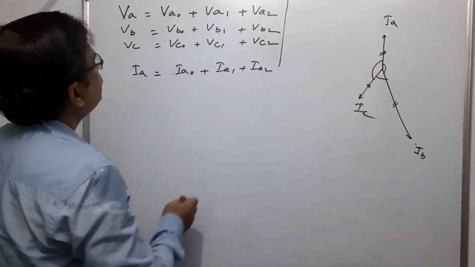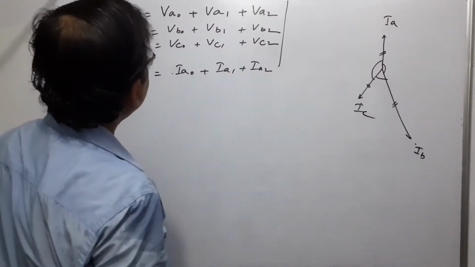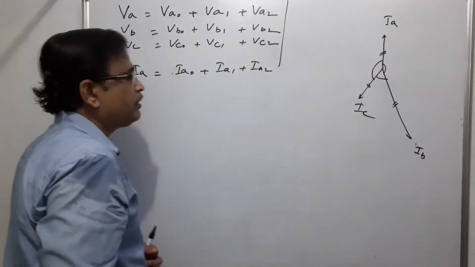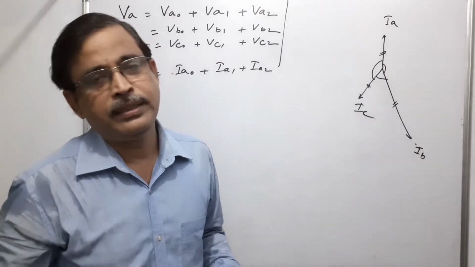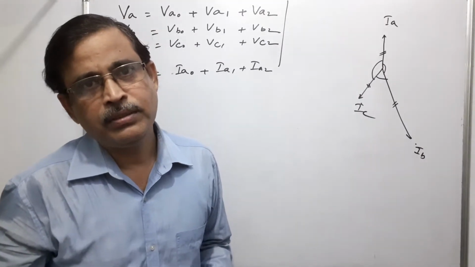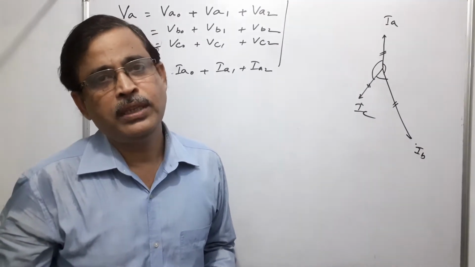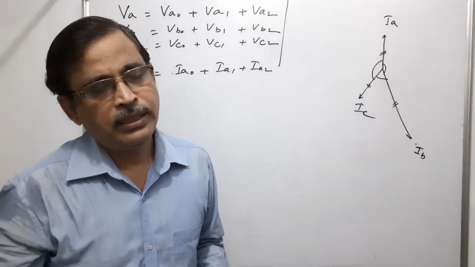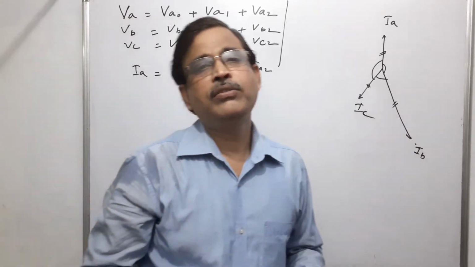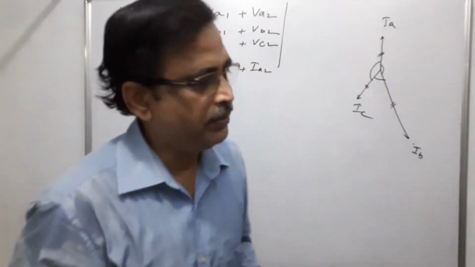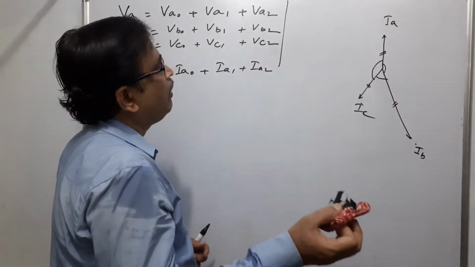We also considered the positive sequence impedance, which opposes the positive sequence current, the negative sequence impedance, which opposes the negative sequence current, and similarly the zero sequence impedance, which opposes the zero sequence current.